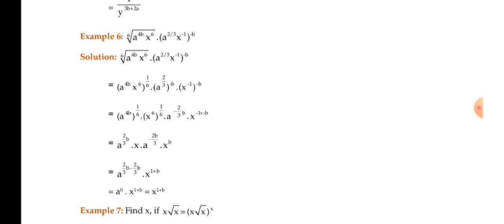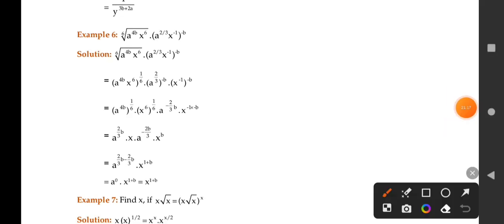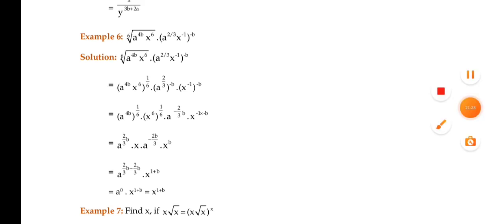Okay, just a minute. So x power 1 plus b we have written. The negative part, since we took the negative part to the numerator, we have to subtract it. I forgot to subtract and hence I have done it twice. So let me write it again for you. Please pay attention. A power, let's write everything in the numerator itself.